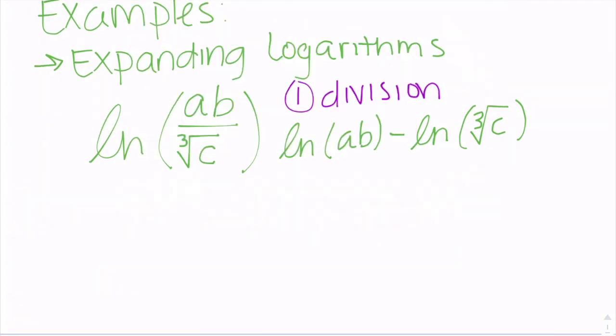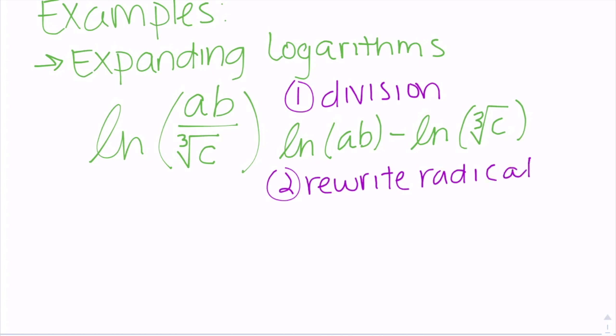The next step here is going to be rewrite our radical. And so we're going to leave the first one as the natural log of A times B minus the natural log of this cubed root of C right here. If you remember from your properties of exponents, a cubed root or radical can be written as a fraction exponent. So it's going to be C to the 1/3 power.